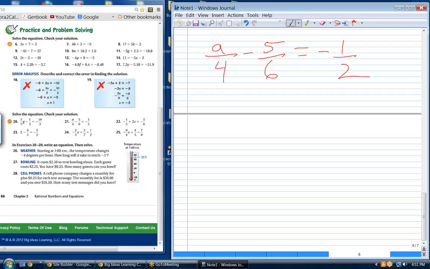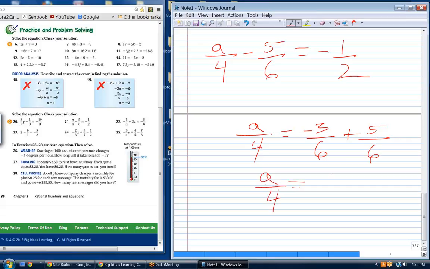Okay, what's your first step here? Add 5/6, and you can turn 1 over a half into a common denominator of 3/6, negative 3/6, and then you get 2/6, which is also equal to 1/3.